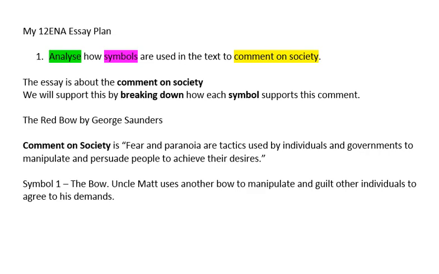So even though the title is called The Red Bow, and it alludes to the fact that Emily's dead body is being brought in by her father, and she's got this pretty red bow that we sometimes associate with childhood and innocence, Uncle Matt takes a different bow. Not one that belonged to Emily, but one that belonged to her sister, and he carries it around and shows it to people because he wants them to feel bad.